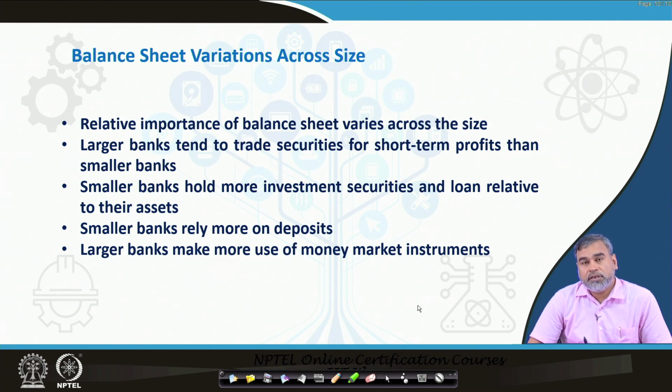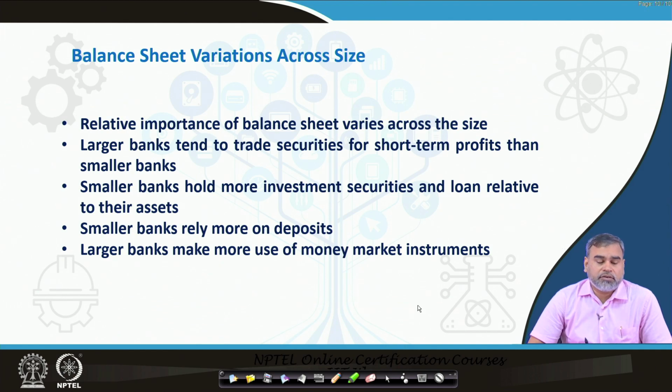That means larger banks are more exposed to the capital market, or they prefer to maximize their gain on a short term basis than the smaller banks, who need relatively steady growth and profit that is sustainable for a longer period of time.